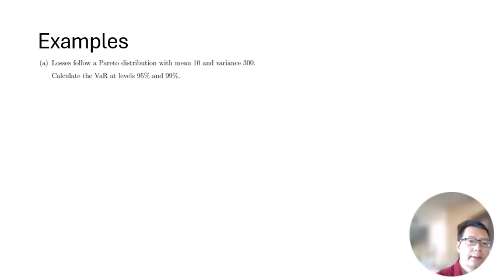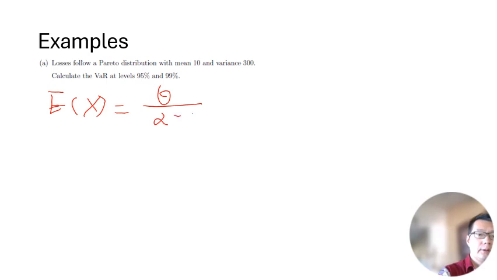Now let's look at some examples. Losses follow a Pareto distribution with mean 10 and variance 300. Calculate the value at risk at the level 95% and 99%. So first, according to what's given, we have E[X] equal to theta over alpha minus 1. This can be found in the formula sheet. This is equal to 10.